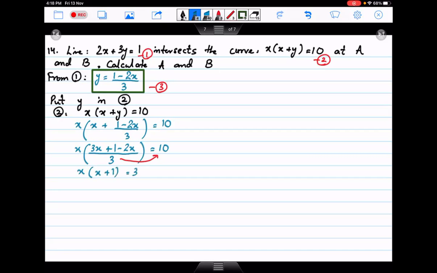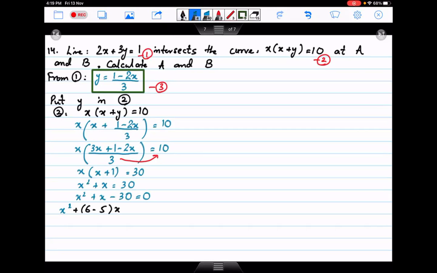So it should be 30. And now this becomes x squared plus x is equals to 30, or I can write x square plus x minus 30 is equals to 0. So now it has become a quadratic equation. So now we can solve it either by quadratic formula or by middle term break.